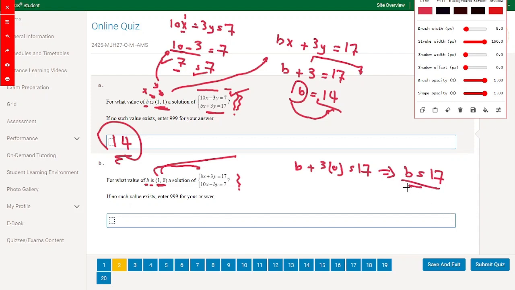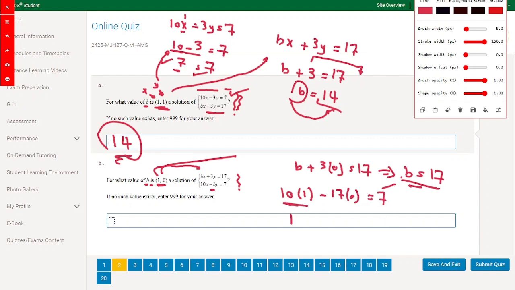Now let's see. We'll take this b and substitute in the other equation, because I have b here also, and x will be 1 and y 0. So I have 10 times 1 minus 17 times 0 equal to 7.